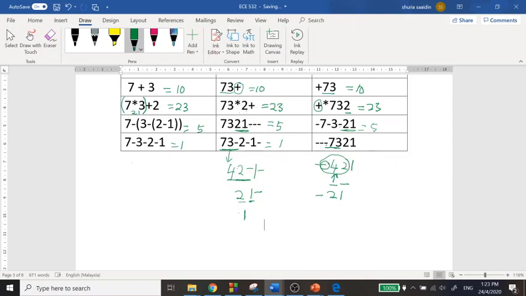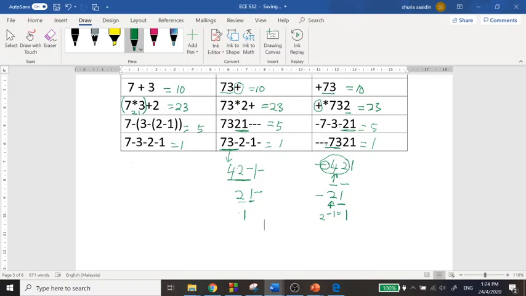Okay, number 2. So right now we are here and we move to the next sign. The next one is minus, which is an operator. So we move back to the previous two operands. The previous two operands are 2, 1, and we will do the operation of 2 minus 1, equal to 1. So this prefix expression will give us a result of 1.